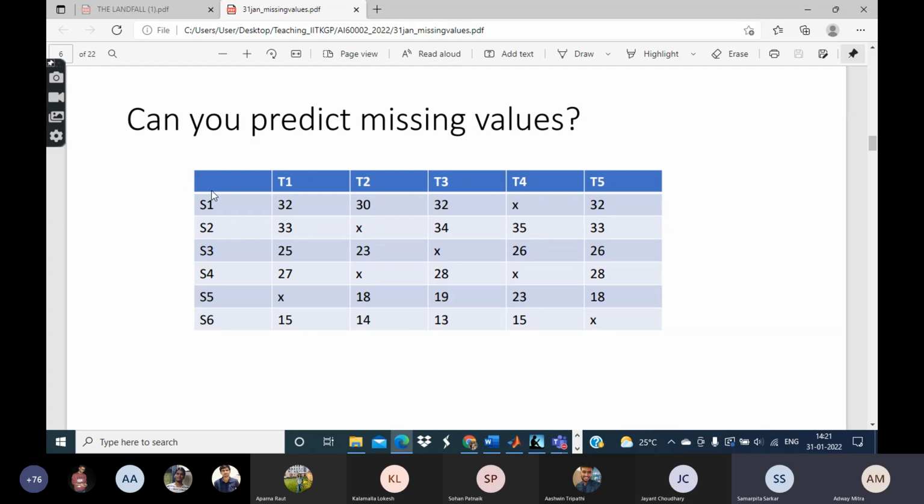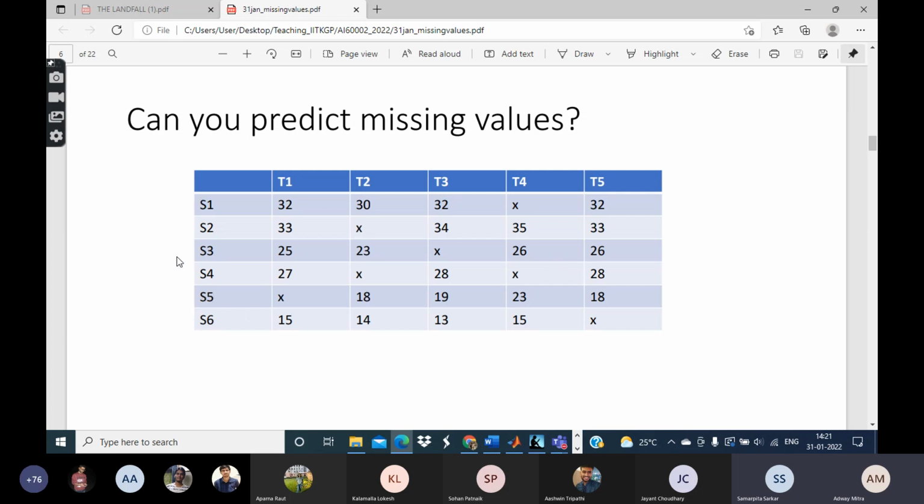It seems that S1 and S2, these two locations are close to each other or somehow strongly related with each other. Similarly, S3 and S4 is another set of locations where that variable is usually related. Similarly with S5 and S6 also.